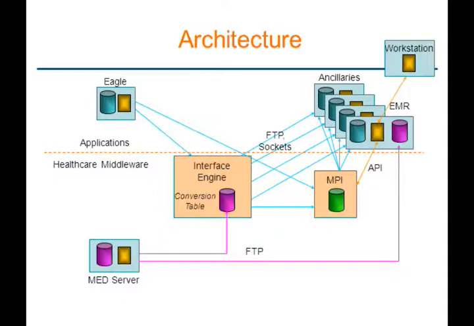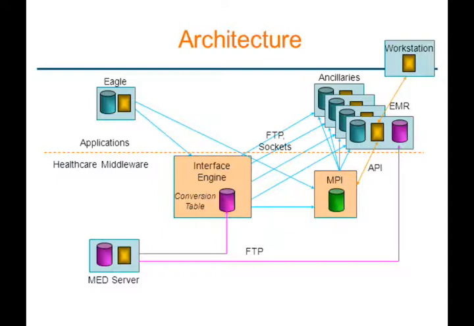So when we look at the picture, we see healthcare middleware, and in the lower part you can see that there are interface engines, MPI, and med servers. And on the top you can see healthcare applications, Eagle being the registration system that we use.